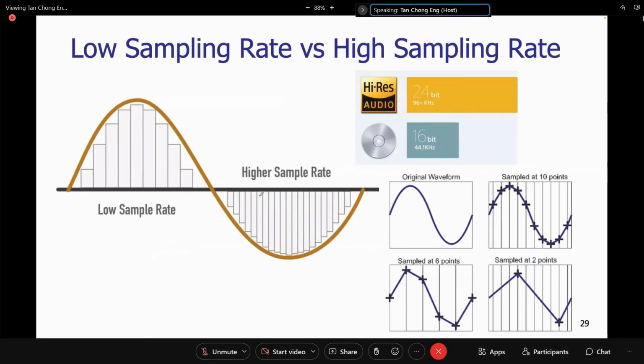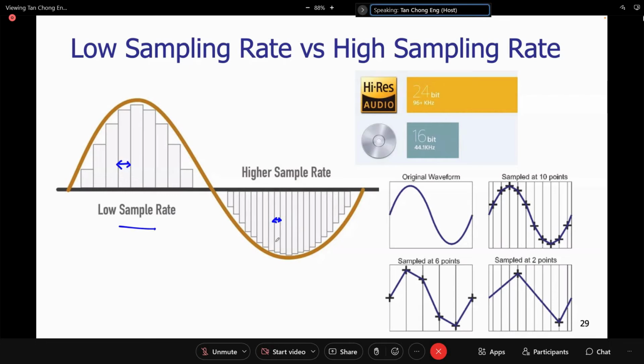So for sampling, with a higher sampling rate or a low sampling rate, you'll be able to see the difference. With the low one, you can see this part gets quite big; the sampling size is quite big. With the higher sampling rate, if you look at this one, it's actually quite small. So a high sampling rate is good because it can preserve as much of your data as possible, as compared to a low sampling rate.